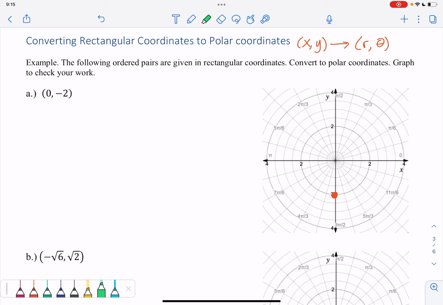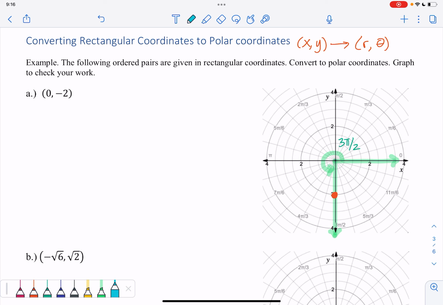Sometimes I can do this by inspection, meaning if I can identify the terminal side on which this point is resting. In this case, I can see that the terminal side is 3π/2, right? So this angle here is 3π/2.